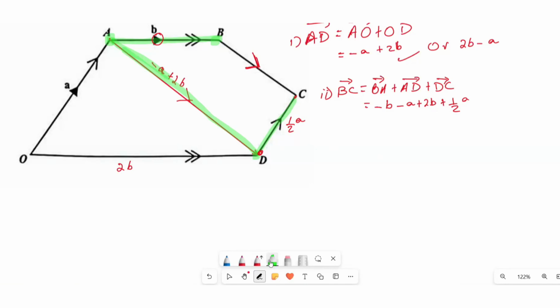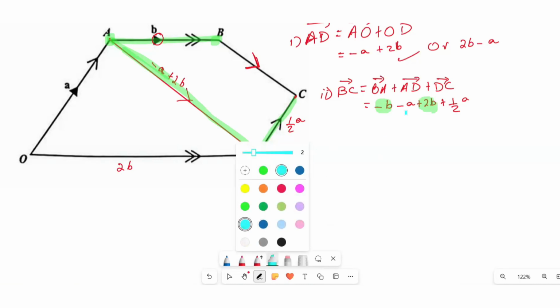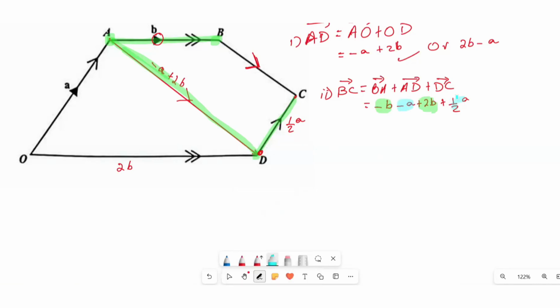Now, at this time, what you want to do is to collect your like terms. I have minus B, positive 2B. I also have minus A, positive half A. Now, let's group them.